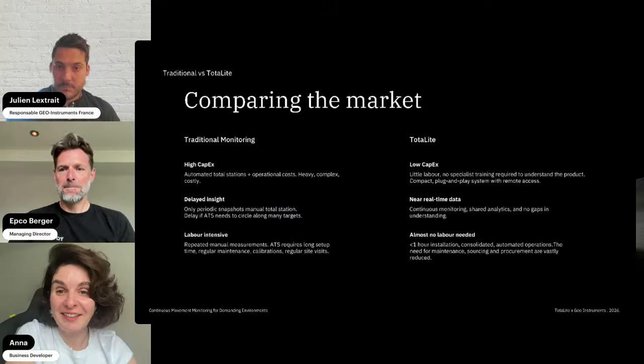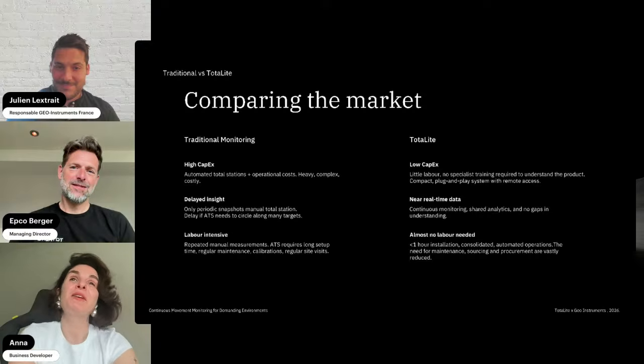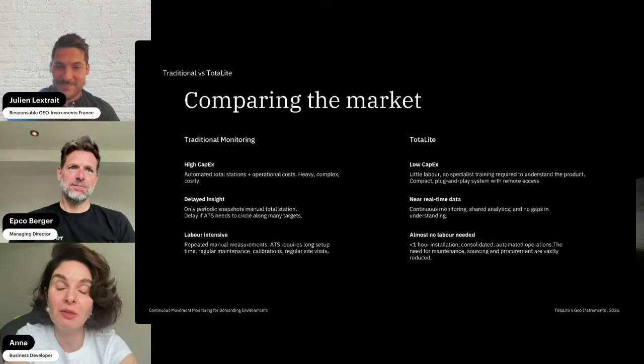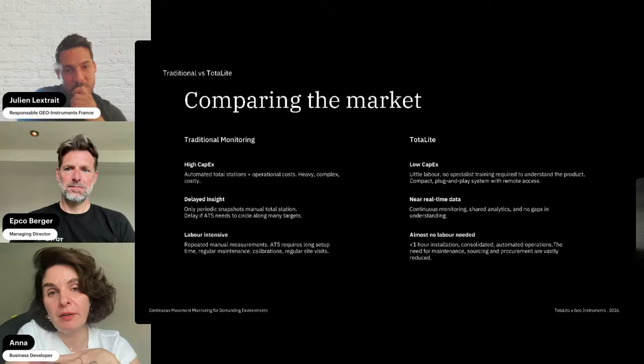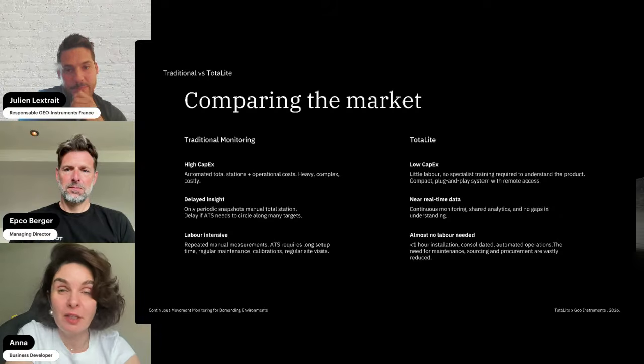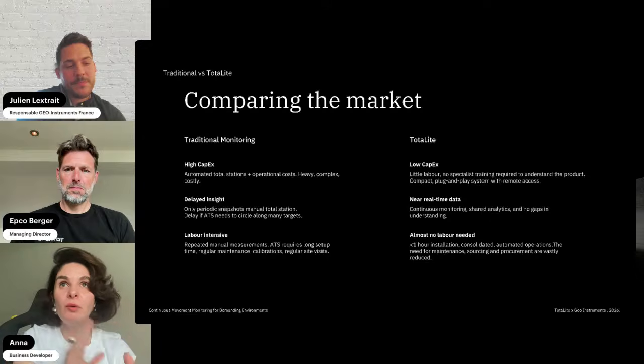Yeah. Oh, this is my favorite part about comparing the market and comparing TotaLite to traditional surveying tools. We do understand that we're working in a very conservative industry and a very conservative market, where new technologies like TotaLite are viewed with caution.